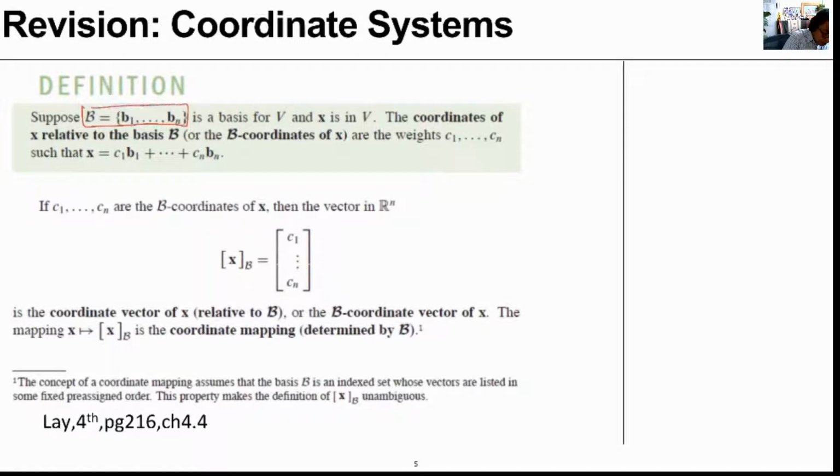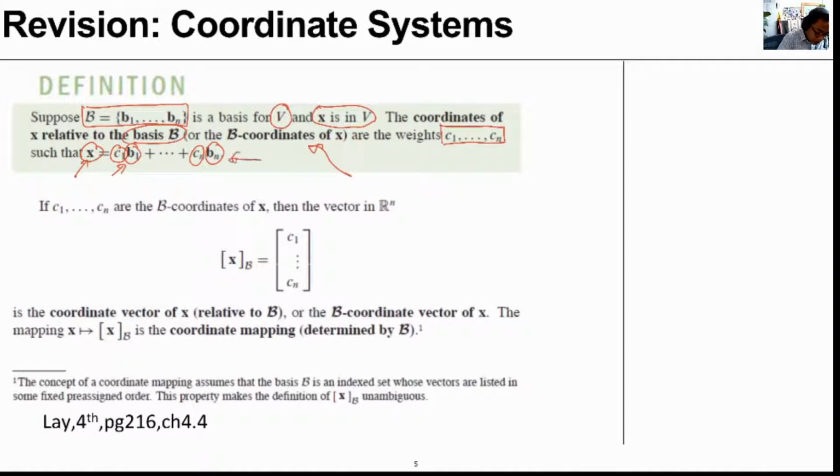If B is a basis for vector space V and x is an element of V, then the coordinates of x relative to the basis B are called the B-coordinates of x, and the weights C1 to Cn are related to x, the original vector, by the linear combination using C1 as a scalar multiplying the column vectors in basis B, in this ordered form, where B1 to Bn is multiplied with C1 to Cn.